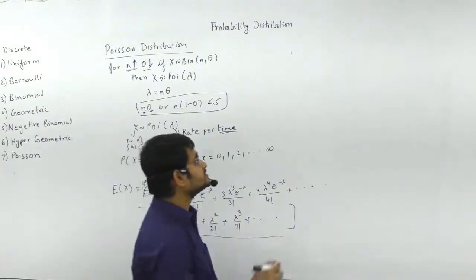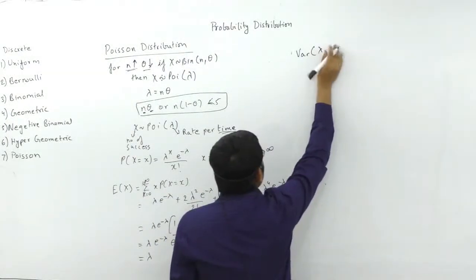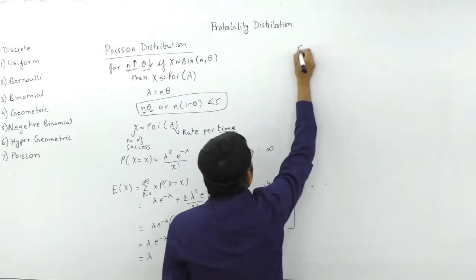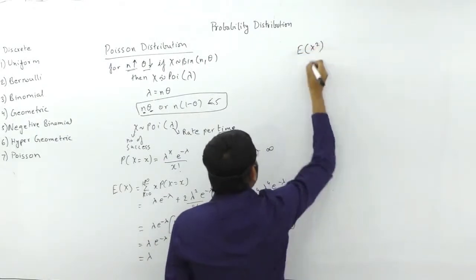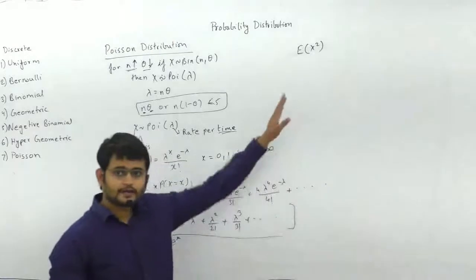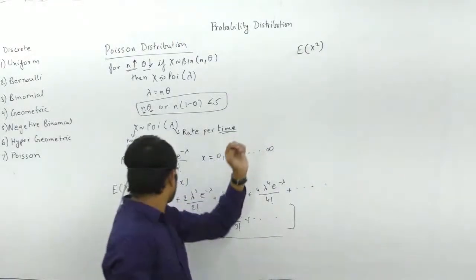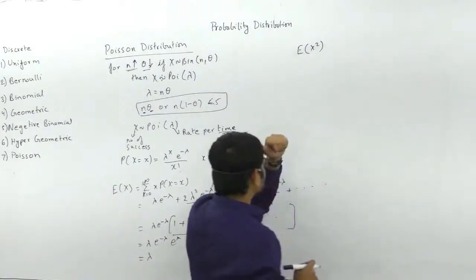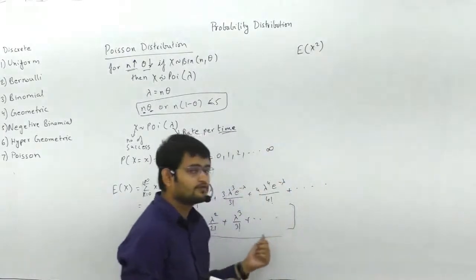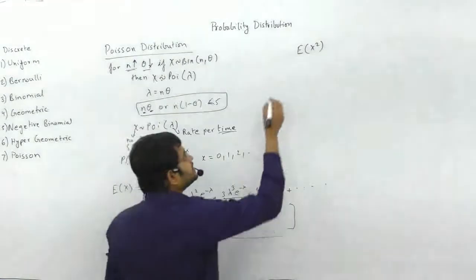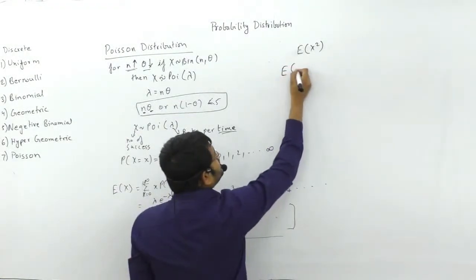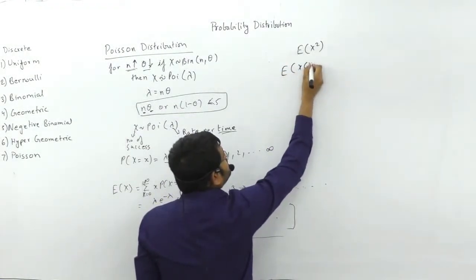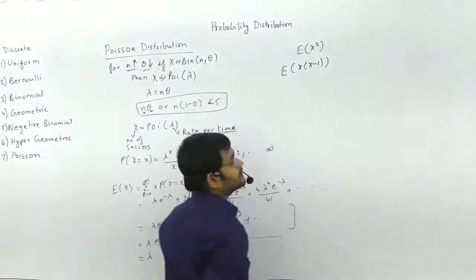Let's find the variance. For variance we'll find the expected value of x square first. Now the expected value of x square can be found easily, but for the Poisson distribution it would be easier to find E of x into x minus 1.